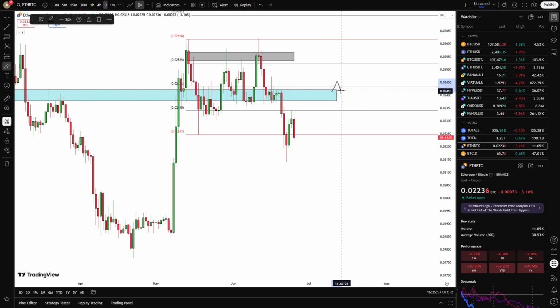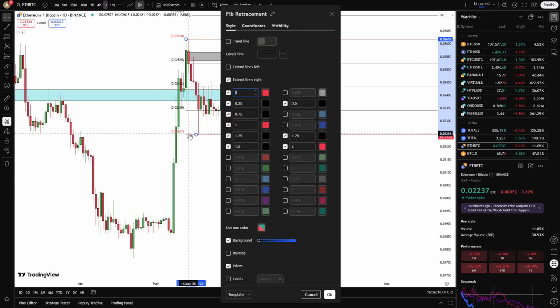If we see it break up from here, there is a little way to play it, but you rather want to be playing these two extremes, where you either bid the range lows and sell the range highs, unless it starts rejecting off that 0.5 level. So keep that in mind. It's just a very easy range for those levels right here.